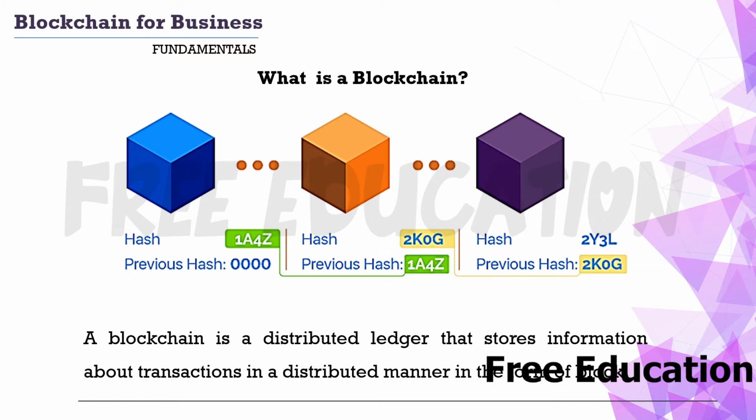And if I have to tamper with that, simply like using a password, it is not possible because any change in the existing block will affect the next block. So a blockchain is a distributed ledger.